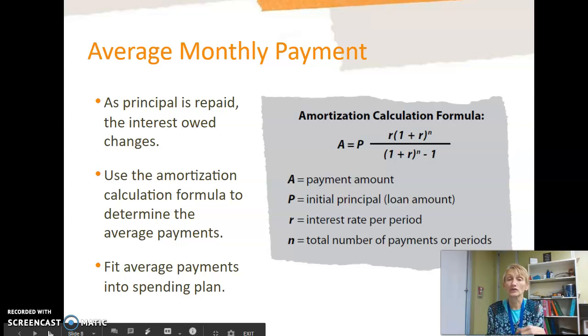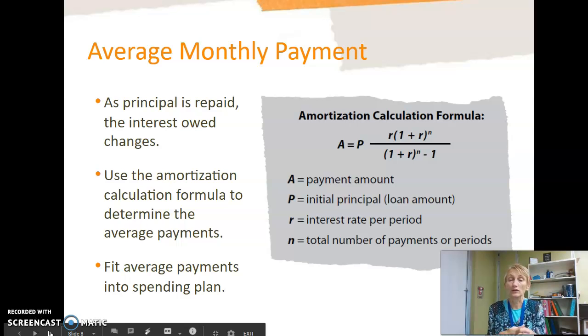The interest rate is also per period. So if you're paying monthly, that interest rate gets divided by 12 to figure out how much it would be each month. And if it was 4 years, there would be 48 time periods.